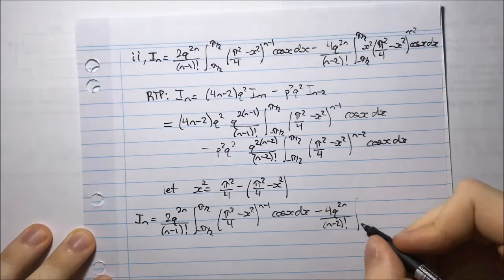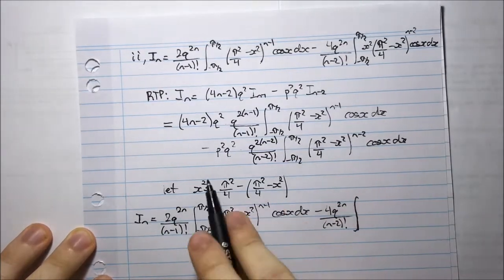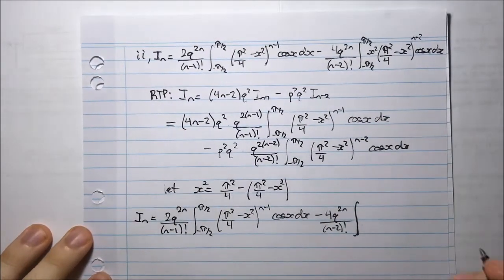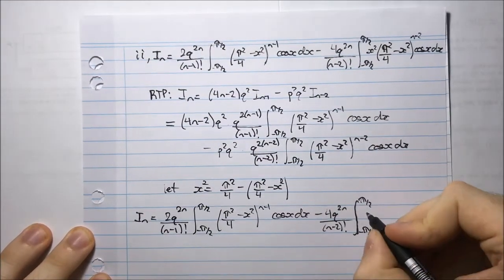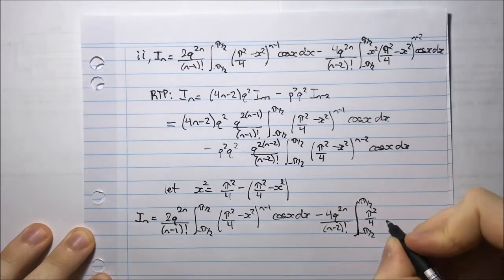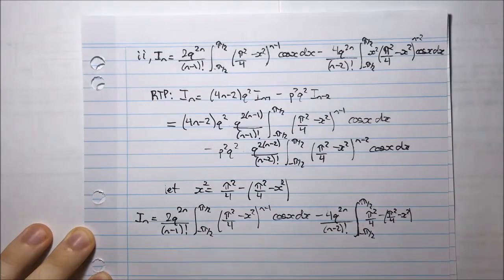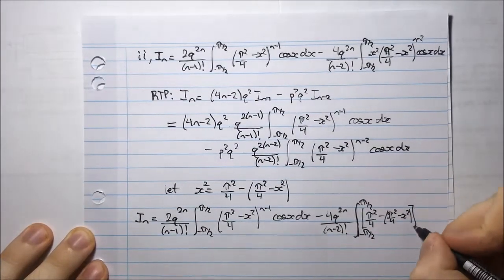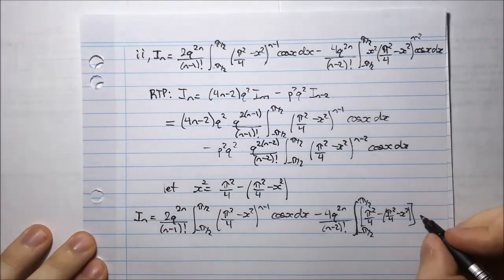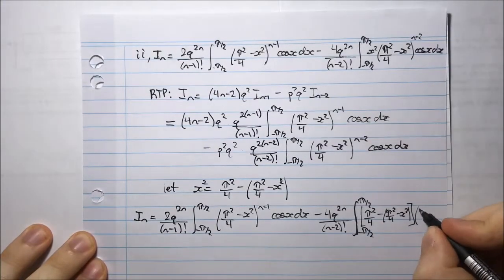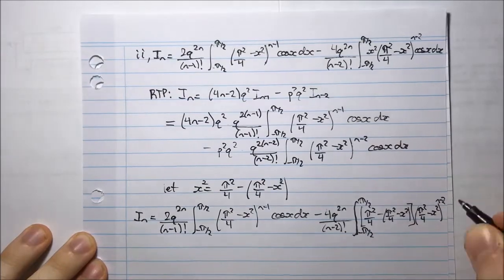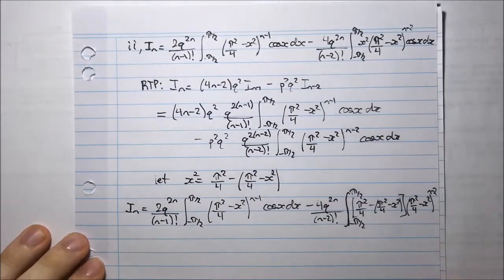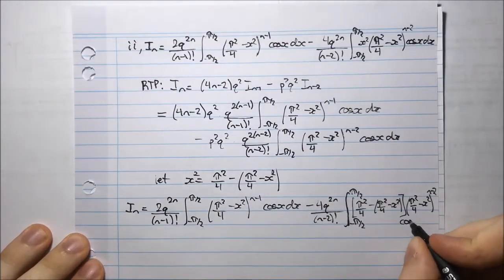Okay, substituting this expression for x squared in will give me, firstly write our limits, and then we have pi squared on 4 minus (pi squared on 4 minus x squared). So put that in square brackets. Multiply that by (pi squared on 4 minus x squared) to the n minus 2. And again, I'm running out of room. And then I need to multiply that also by cos x dx.